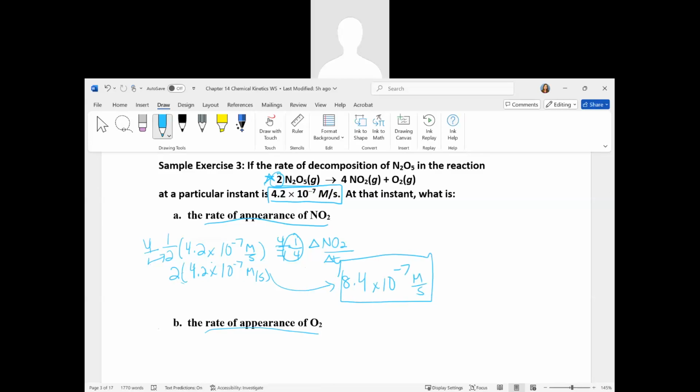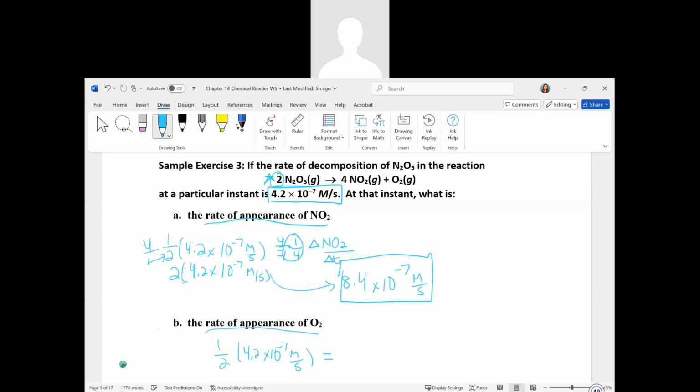And that makes sense, right? 2 moles of that are decomposing to produce 4 moles of that. So that makes sense of this rate here. Now let's look at O2. We have the same coefficient here, so we're going to have 1/2 of that 4.2 times 10 to the negative 7 molar per second.